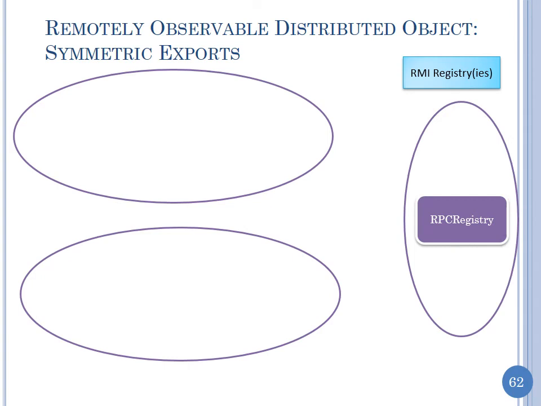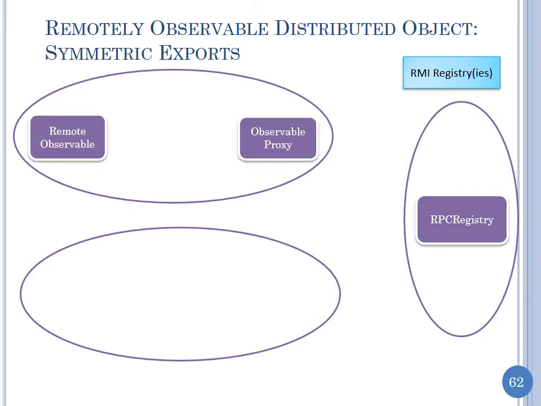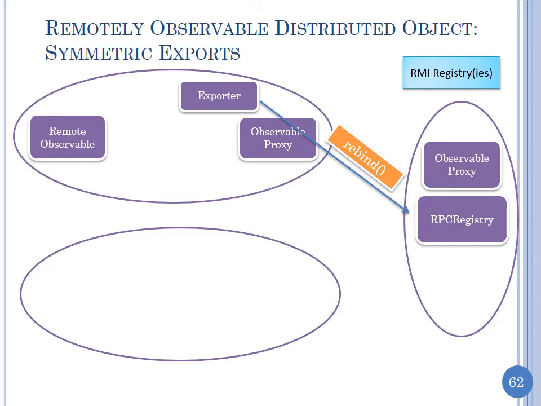Okay, so given what I've told you, this is what we could do to create the two-way connections. I will create a remote observable. I can export it, so now I have an observable proxy. Then I have another module in my program, an exporter, that sends the proxy to an RMI server, so it stores the proxy there.